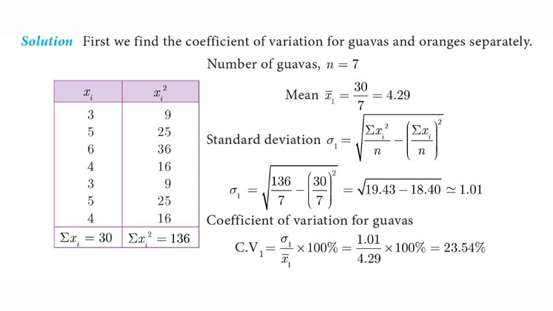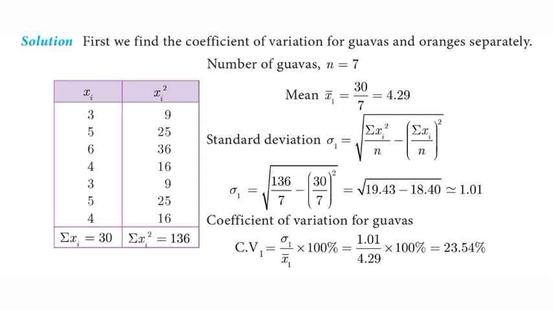Mean formula: x bar equals summation x divided by n, the sum of all numbers divided by how many numbers, 7. 3 plus 5 is 8, 8 plus 6 is 14, 14 plus 4 is 18, 18 plus 3 is 21, 21 plus 5 is 26, 26 plus 4 is 30. So n equals 7, summation x equals 30, 30 by 7 gives 4.29. Therefore mean x1 bar equals 4.29.